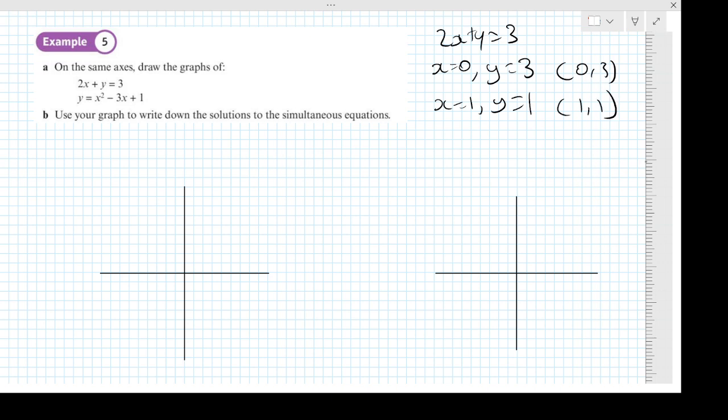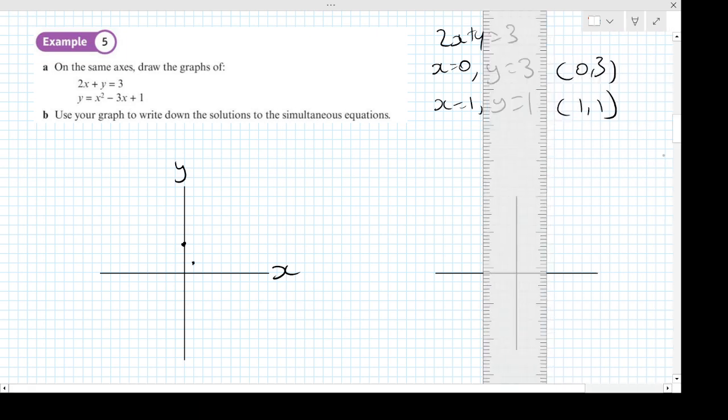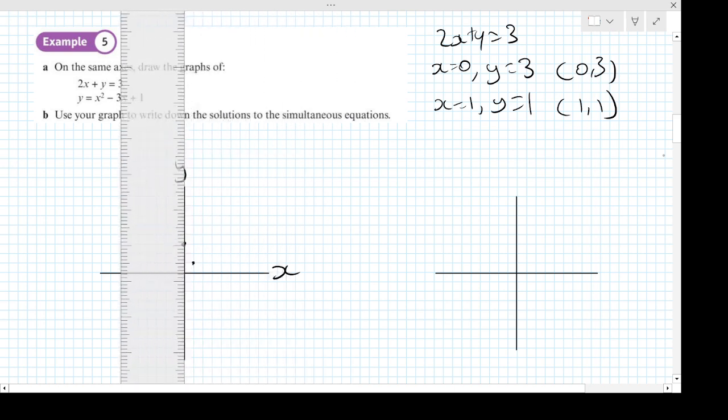Okay, cool. Then I can just plot these points in, and that's a 3, not a 5, my handwriting. So I'm going to plot these points here, on this axis, x and y. Firstly, when x is 0, y would be 3. That will correspond to this point here. Then when x is 1, y is 1, that will correspond to this point there. And then I'm going to draw the line, connect them.